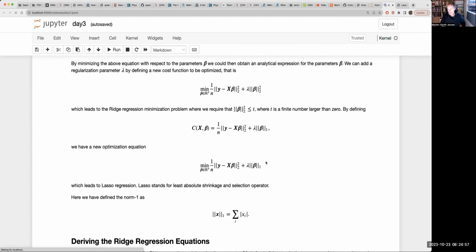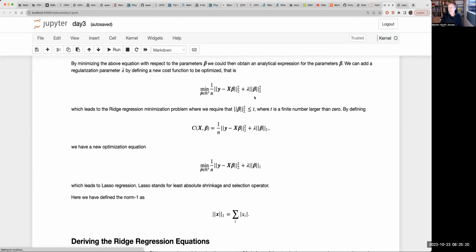And this is a method where we can actually drive to 0 some of the parameters. In the case of ridge regression, which has a norm 2 squared additional parameter, it's only in the limit when lambda goes to infinity that we are driving the parameters to 0, as we saw through some demonstrations last week.